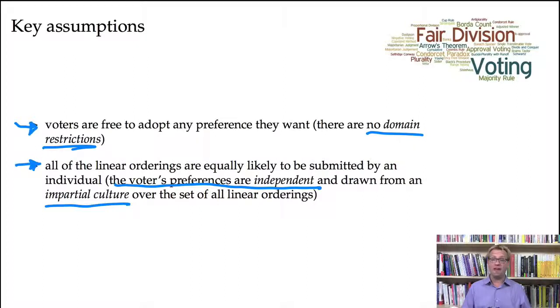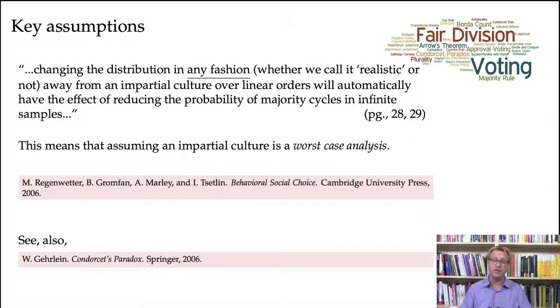And you might question that assumption, in particular this impartial culture assumption. A number of researchers have done that, and what has been found is that as soon as you move away from that impartial culture assumption, then the probability of a Condorcet cycle actually goes down. We don't have time to talk about how to prove this or how to go about understanding that. It's a bit beyond the scope of this course.